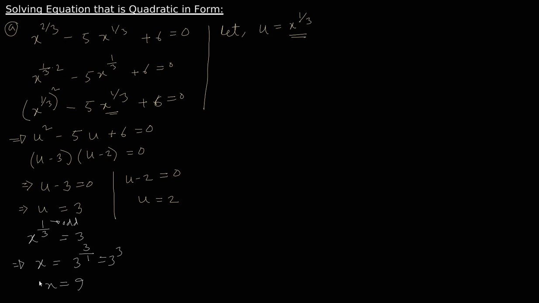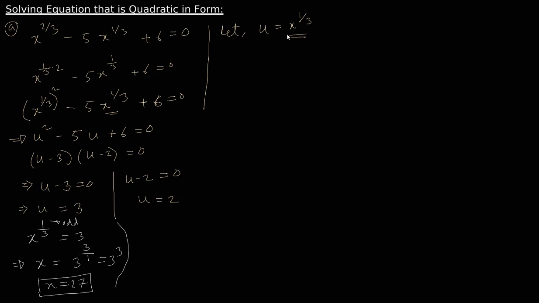So x equals 9. So this is our number one solution. Okay, now, no, 3 cubed is not 9. 3 cubed is 27. I'm sorry. So 3 cubed is 27.